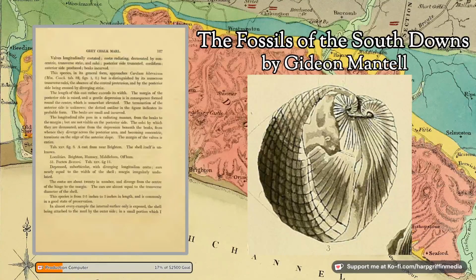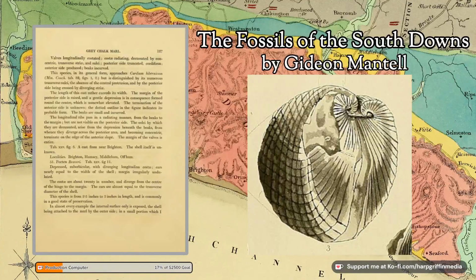This species in its general form approaches Cardium hibernicum, Mineral Conchology, Tablet 82, Figures 1, 2, but is distinguished by its numerous transverse sulci, the absence of the central protrusion, and by the posterior side being crossed by diverging striae.